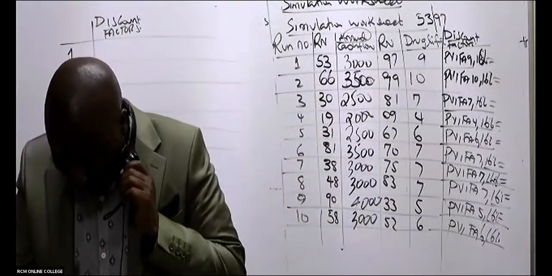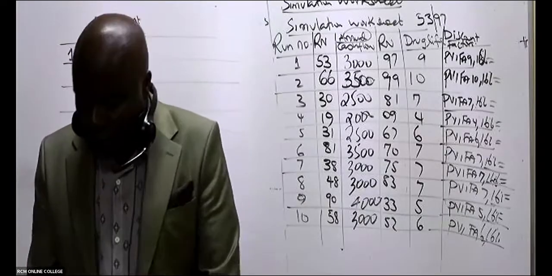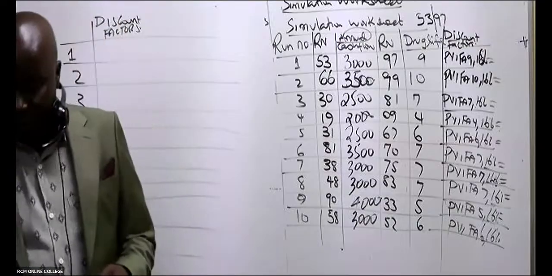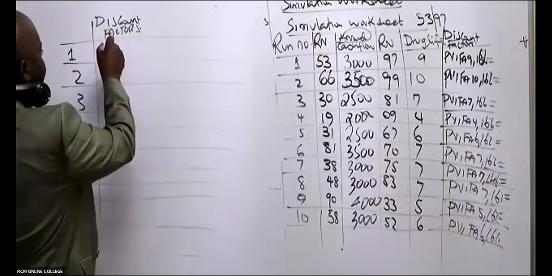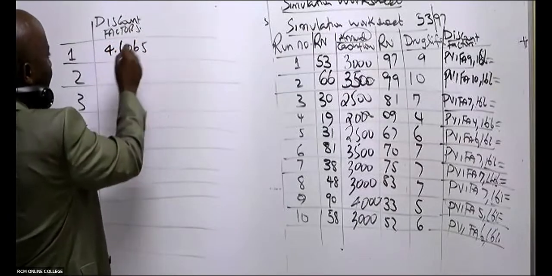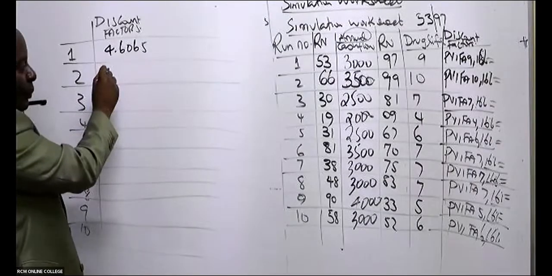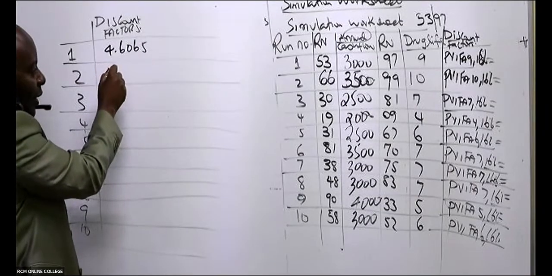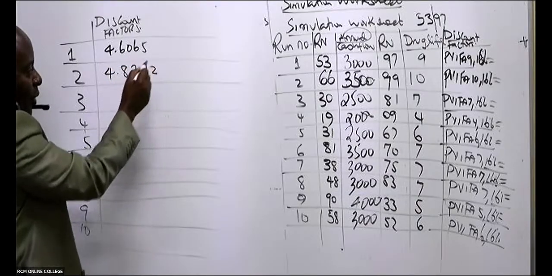Okay, so Lincoln has given me 4.65. The first one, is there somebody who is able to get that number? How about the second one? 4.8332.